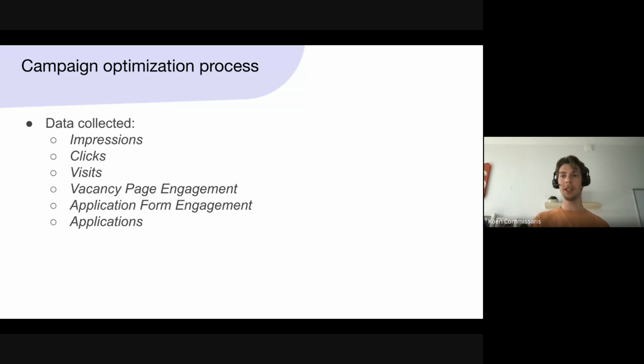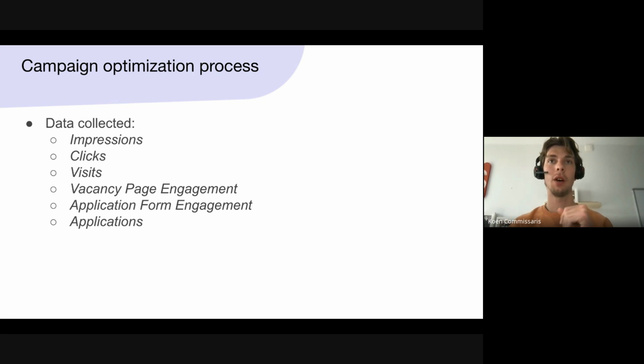Then there's also the call to action buttons to click to the application form, and that is also, of course, an important indication that someone is interested in applying for the function, as well as the engagement within the application form. So how many people view it, how many start, what progress do they have, and do they eventually submit it, which is the application. So it's, of course, the final step within the full candidate journey.